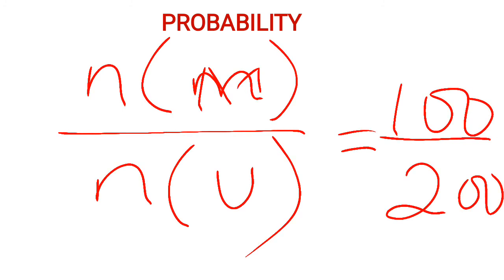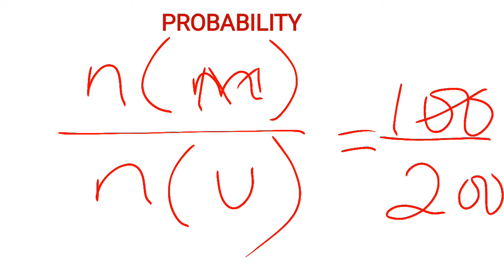That is 100. So the 2 zeros will cancel out. You are left with 1 over 2, half, meaning half of the class complained of malaria. 100 out of 200, that is half. So half of the students complained of malaria. So the probability that a student chosen at random from the class complained of malaria is 1 over 2, half of it. All right. Now, what if the question said, if a student is selected at random?